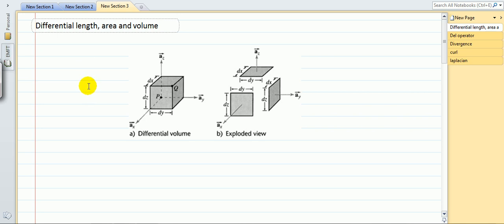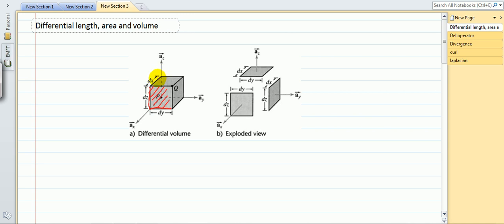Now we will see differential surface, differential area. If I am considering this surface, the variables on it are dz and dy.